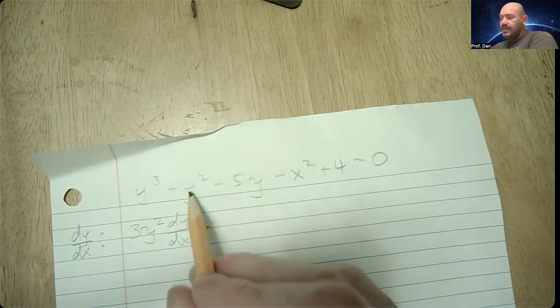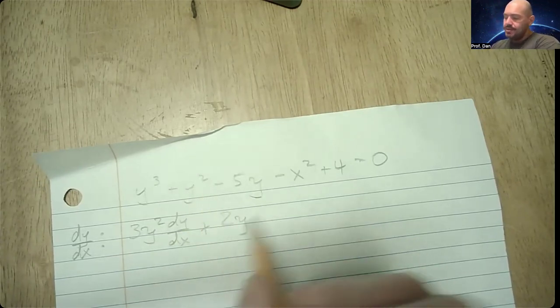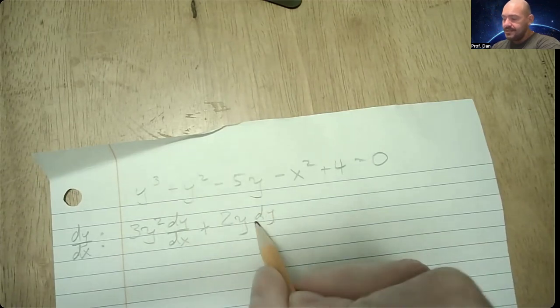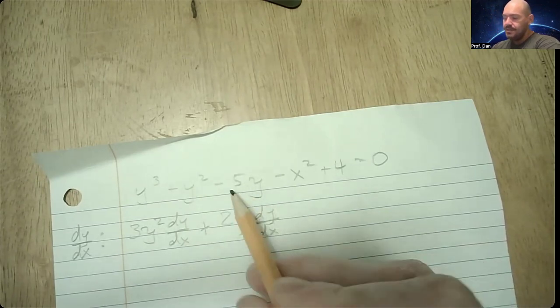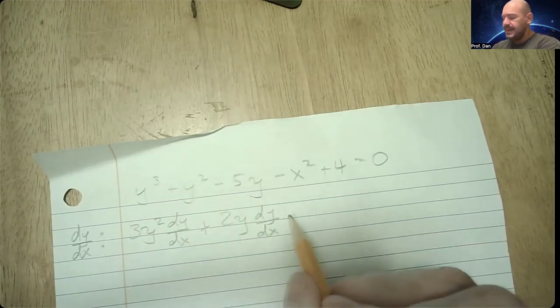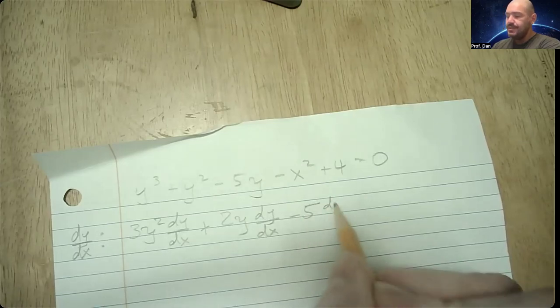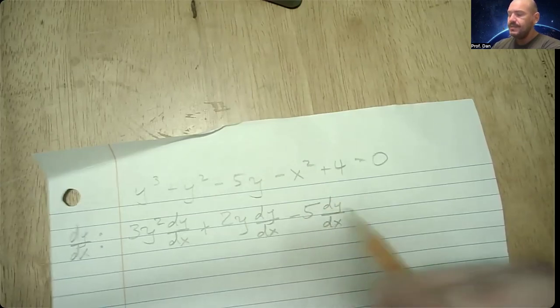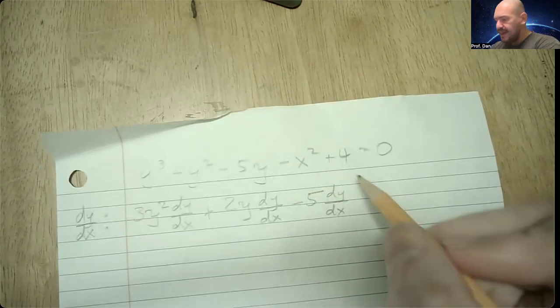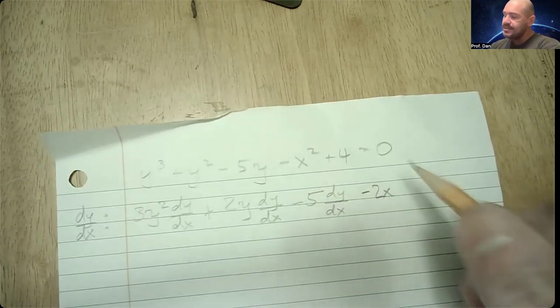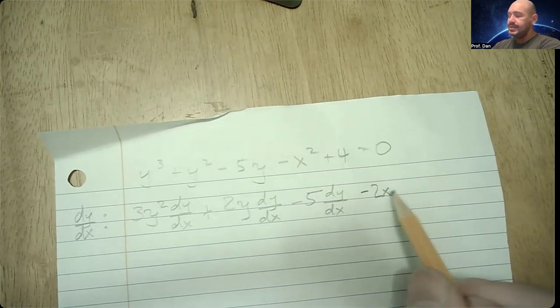Okay, and then here, derivative of y squared, we get 2y dy dx. Derivative of minus 5y would be minus 5 dy dx. Derivative of minus x squared is negative 2x, and derivative of 4 is 0.